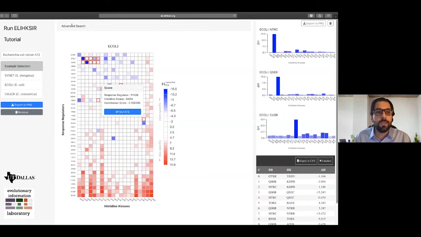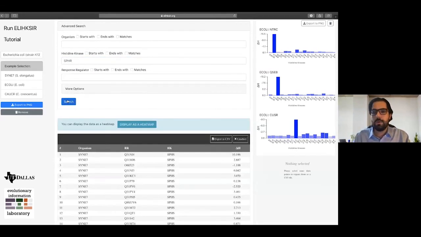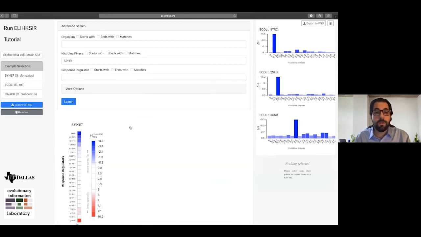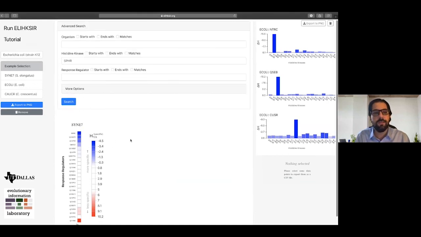And they can also do an advanced search if they are, for instance, only interested in a specific search, right? And then they can display this particular search for only one protein with all its partners. So this could also be useful for publication or for specific analysis of residues.